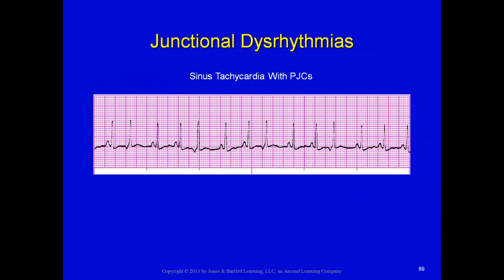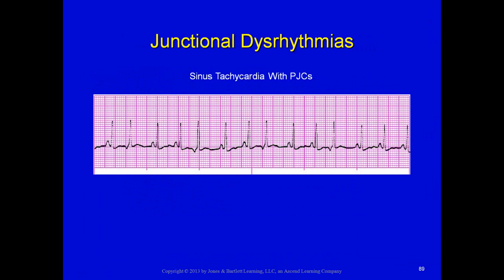If I look at this rhythm, and I want to know, is the rhythm regular or irregular? It's irregular. And I'm not sure what the irregularity is yet, but it doesn't look nice and regular. And as I march things out, I can see the distance between the third and fourth complex on the strip is my normal underlying rhythm.